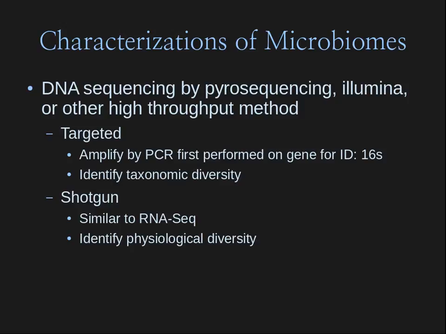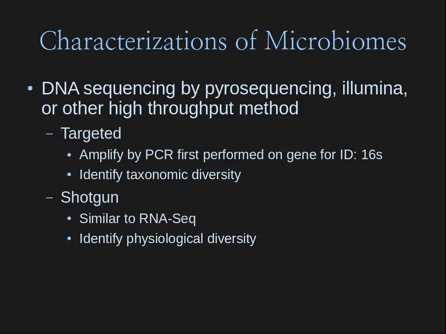Alternatively, we can do shotgun sequencing, like we've talked about before for pyrosequencing or Illumina, similar to what we saw for RNA-seq, except not necessarily isolating the mRNAs. Sometimes we go with the entire genome, doing shotgun sequencing, so we're getting a sampling of everything there, all of the different genes that happen to be there.